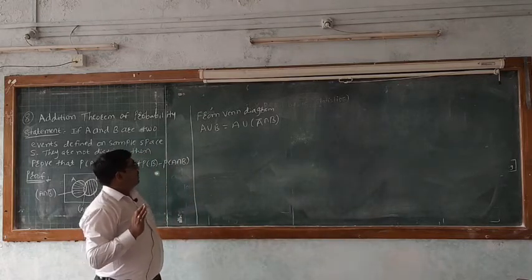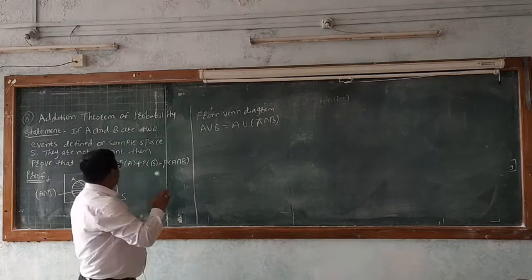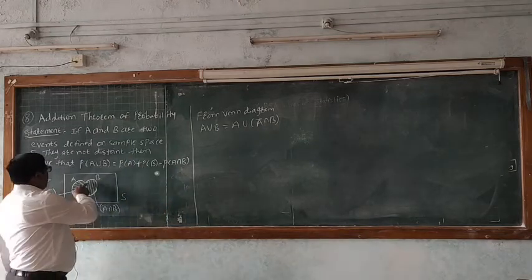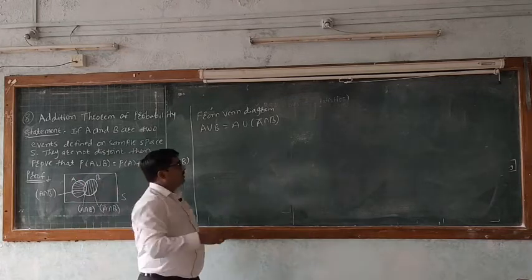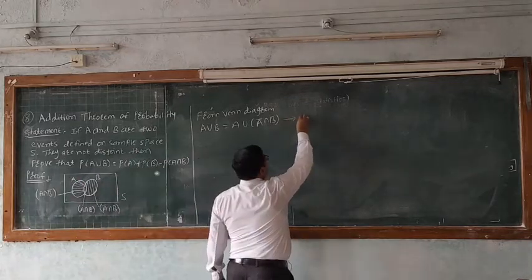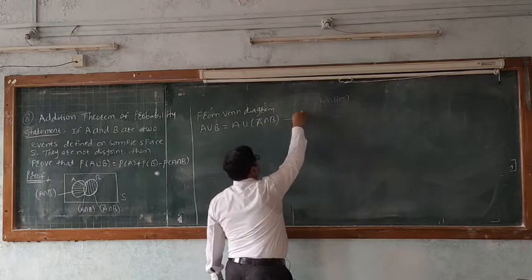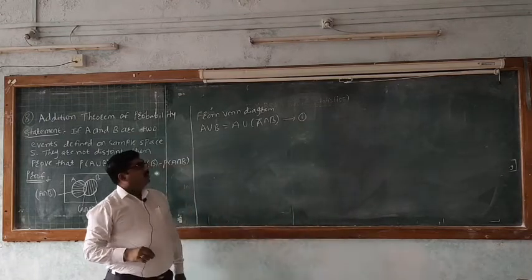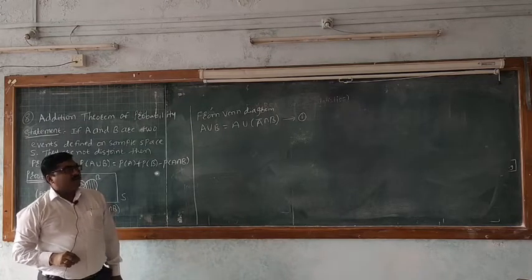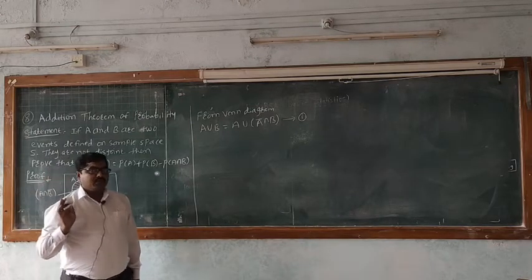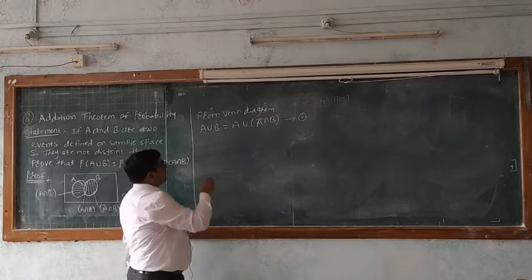So here the disjoint events are A and A bar intersection B, right? Now here A and A bar intersection B are mutually exclusive events.